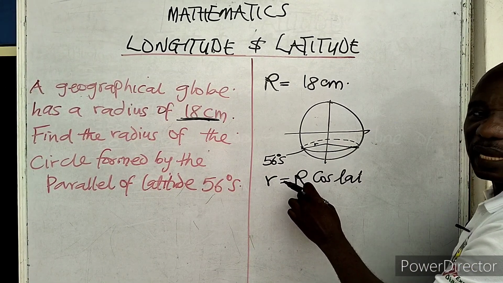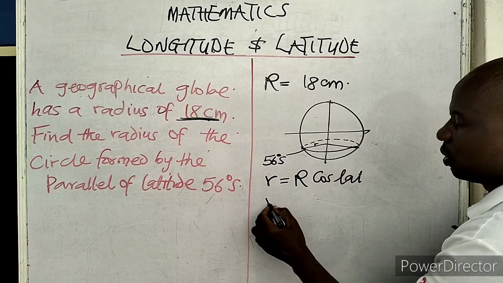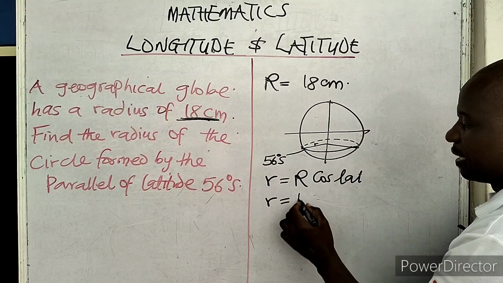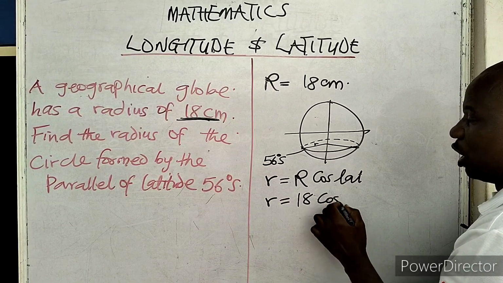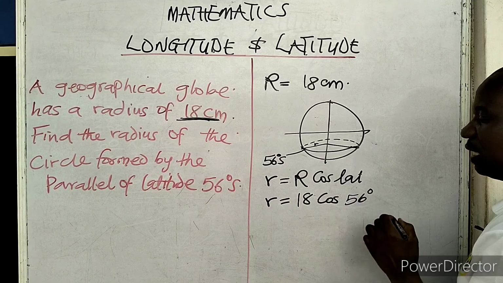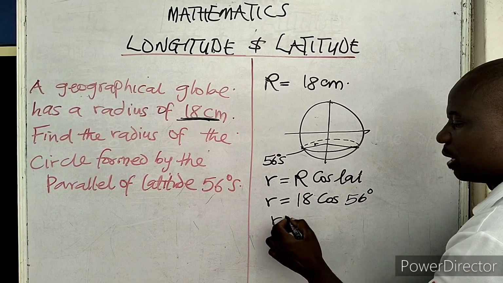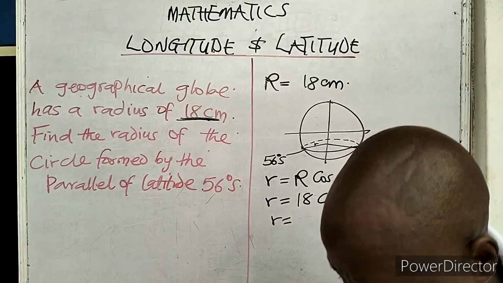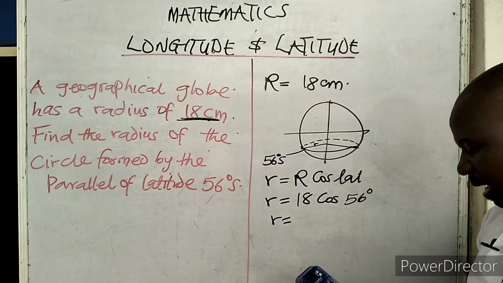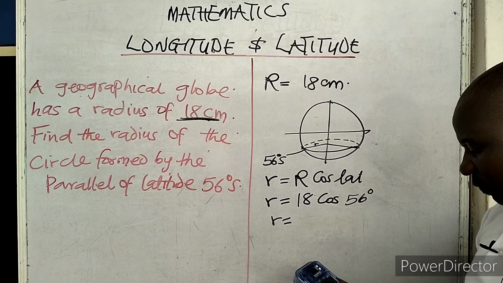What if we want a big R? What if we want a cos latitude? So we now have r is equal to, what's our big R? That's 18. Cos latitude, what's latitude? Cos 56 degree. Are you there? So now, when you multiply here, we have 18 times cos 56.